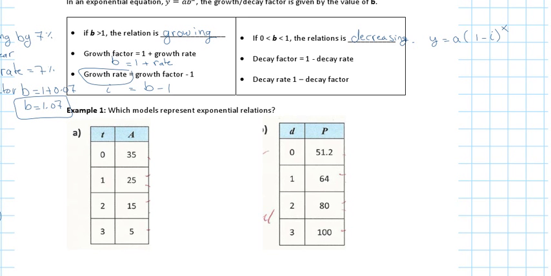And I know it's a decay because I'm decreasing. So this is my base. So the base, which is the decay factor, is equal to 1 minus the decay rate, right? So B is 1 minus I.